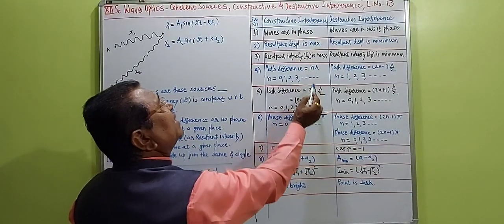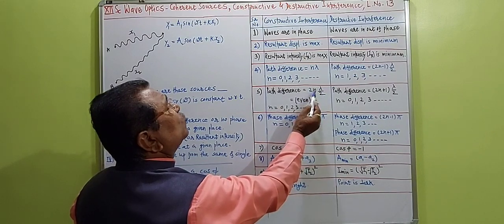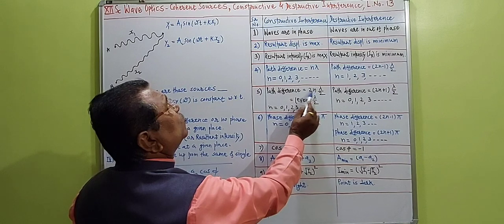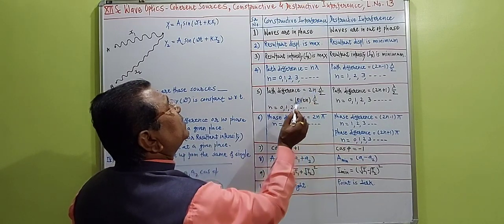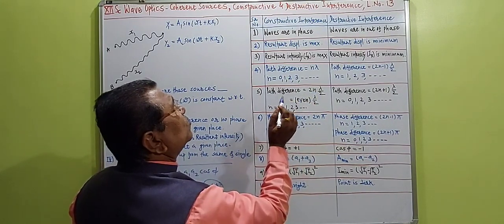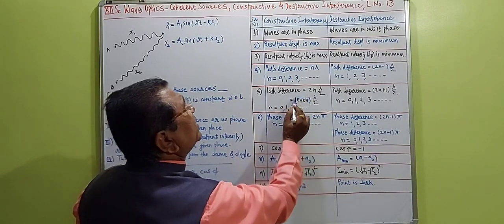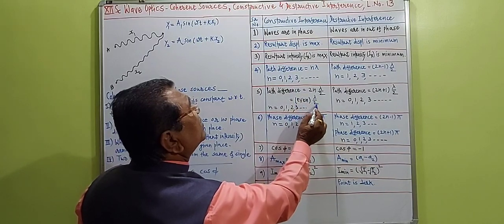See here, n lambda, 2n lambda by 2. What is 2n? 2 into 0 is 0, 2 into 1 is 2, 2 into 2 is 4, 2 into 3 is 6, 2 into 4 is 8. That means we get 0, 2, 4, 6, 8, which is an even multiple of half the wavelength.